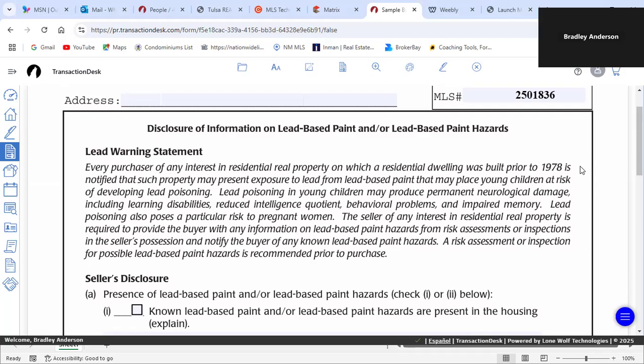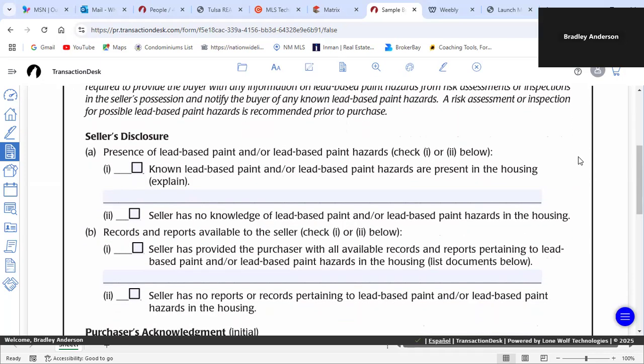So as the title says, disclosure of information on lead-based paint. Who's disclosing? The seller. The seller's options are presence of lead-based paint and/or lead-based paint hazards, and they will check one of the several options below. Either known lead-based paint or lead-based paint hazards are present in the housing.